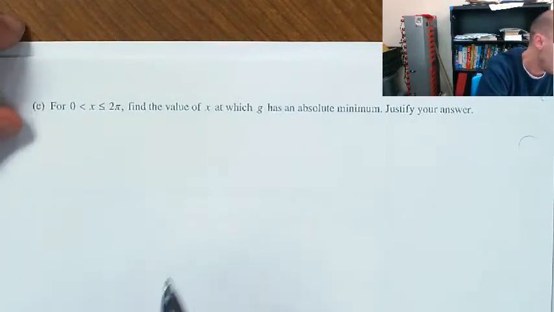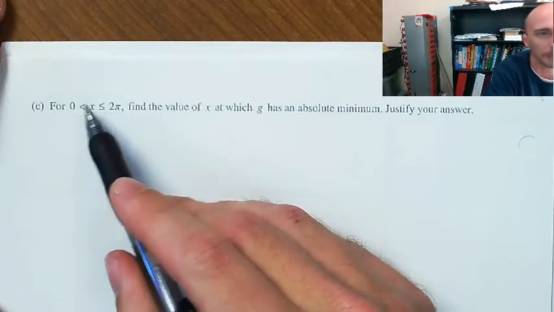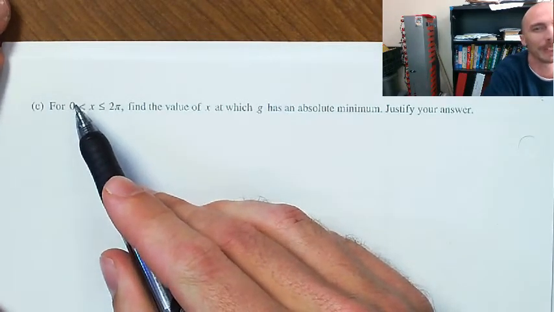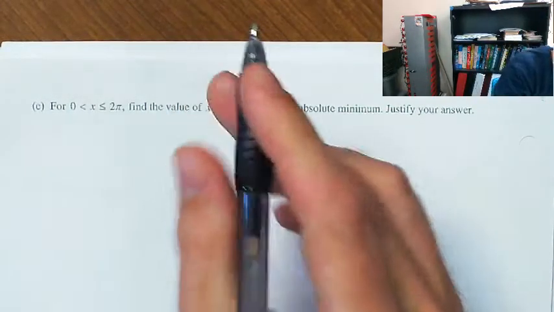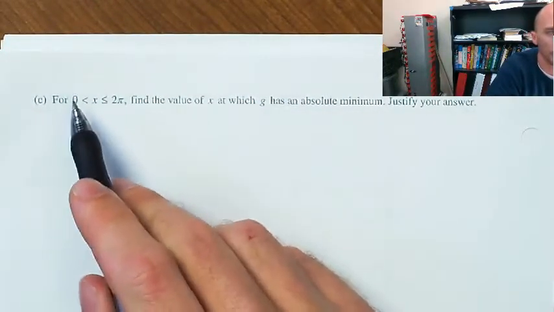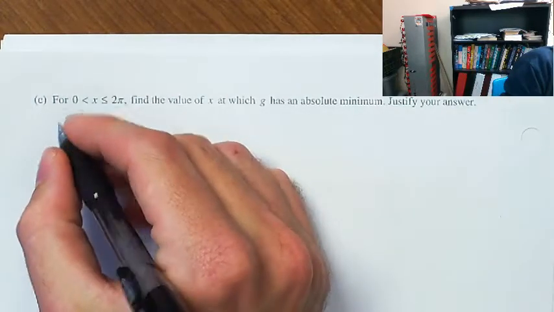But really our candidates are going to be x equals 2 pi and all the critical points. Because if we had to consider 0, then there would be no minimum because the function doesn't exist at 0. If you need more discussion on the less than thing, just come talk to me and I'll work with you on it.